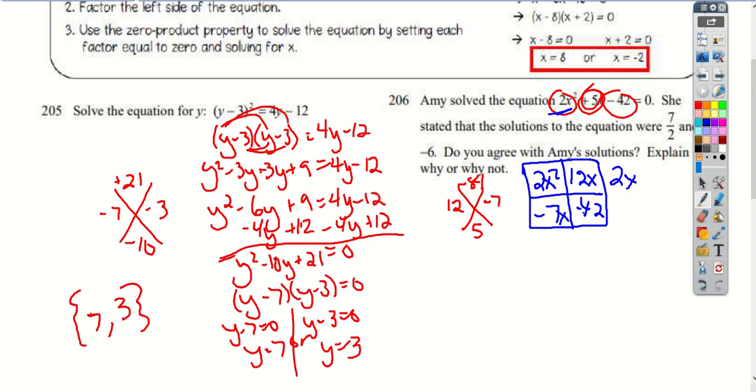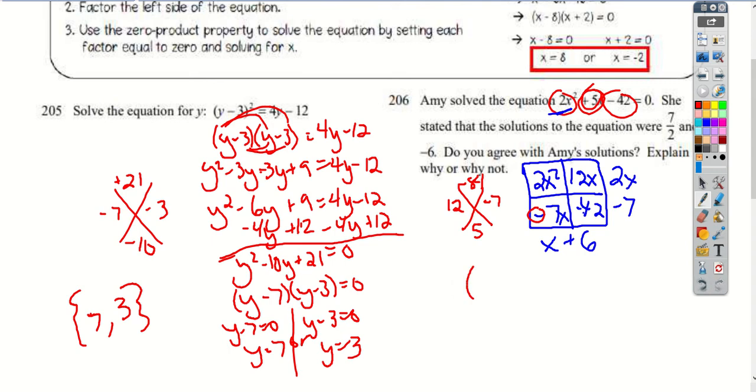Negative 7x and negative 42 have a negative 7 in common. 2 and 12 don't have anything except x in common, and 12 and 42 do have something in common. They have a 6 in common. And 12 is positive. This starts positive here. Since the negative 7 is negative, it's going to start negative. However the row or column starts is the sign of that factor.